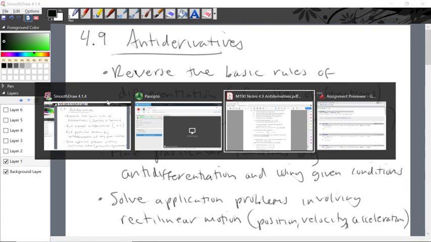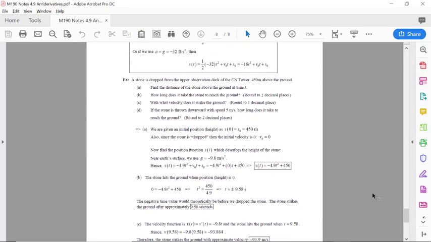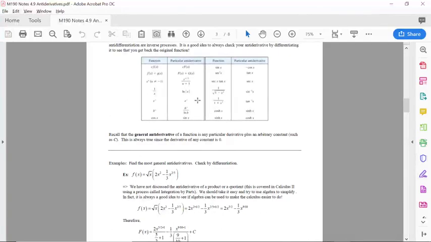So I recommend that you take a look over the typed notes, including the examples that I've worked through here. Review the particular derivatives of different families of functions. Perhaps have a table such as this nearby for the derivatives of different types of functions so that you can readily access what the particular antiderivatives for many examples may be.